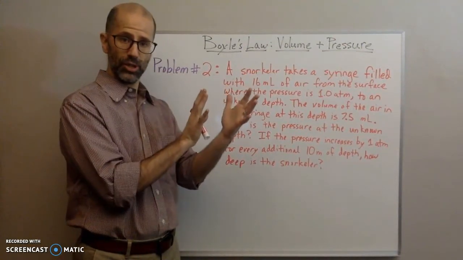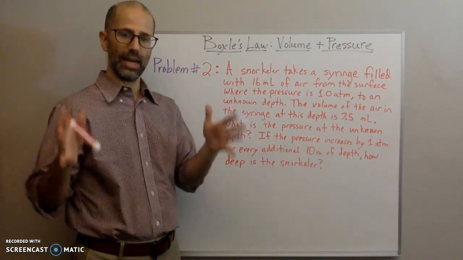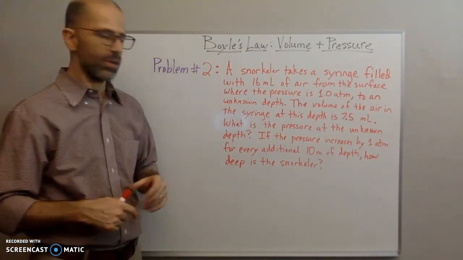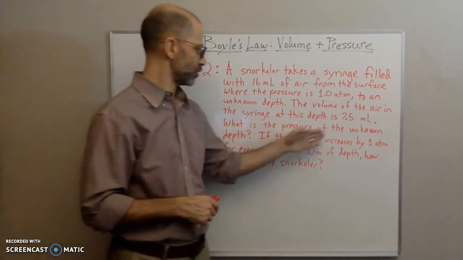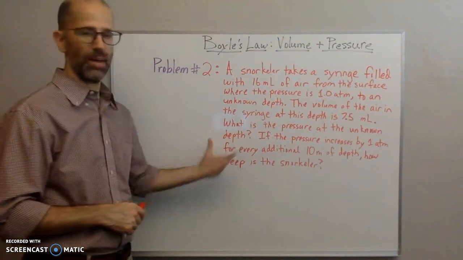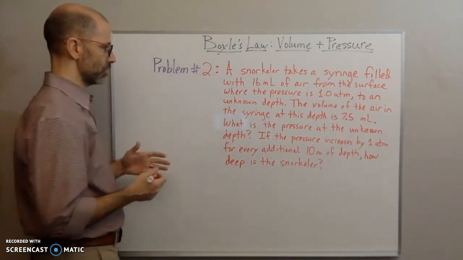Until the pressure of the gas on the inside is equal to the pressure on the outside. So that's what's going on here. And then the first question is, what is the pressure at the unknown depth? Okay, so let's just answer that question first.